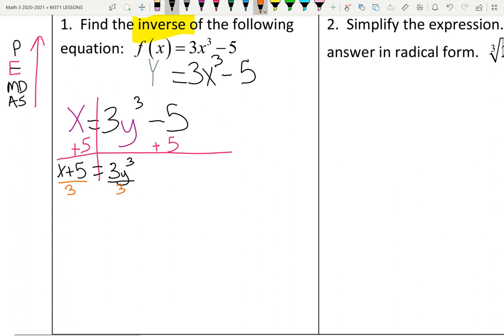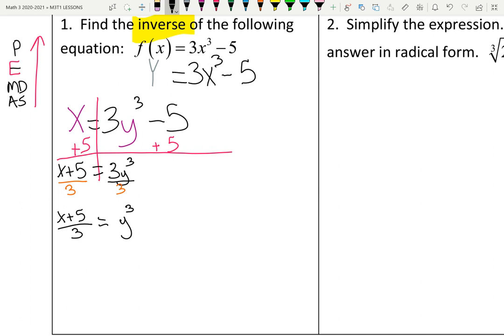On my next line, it says x plus 5 divided by 3 is equal to y to the third, because 3 divided by 3 cancels.